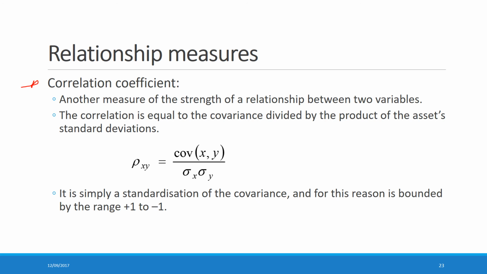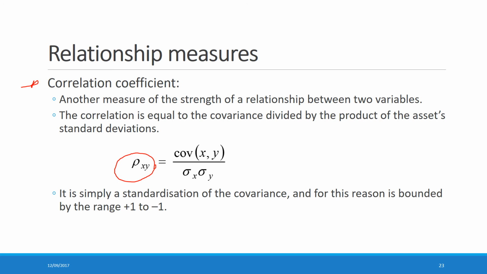Correlation, as we mentioned before, is simply how much two assets move together. From the formula before, we can work out that the correlation of two assets is simply the covariance divided by the product of the standard deviations of asset 1 and asset 2. As you can see from their formulas, the covariance and the correlation are very similar.